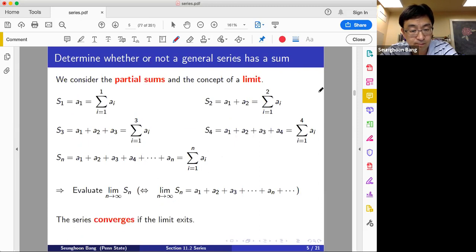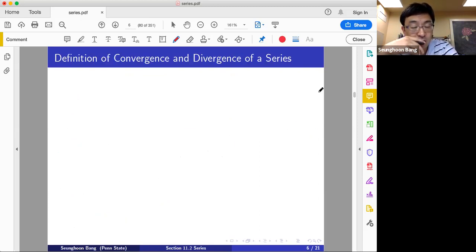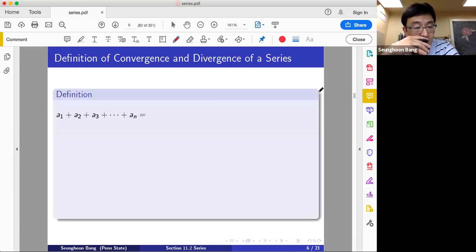Let me summarize the previous result. A1, A2, A3, you can add all terms from 1 to n, and that we call the partial sum, the summation from i equals 1 to n of a_i. We use the notation Sn.